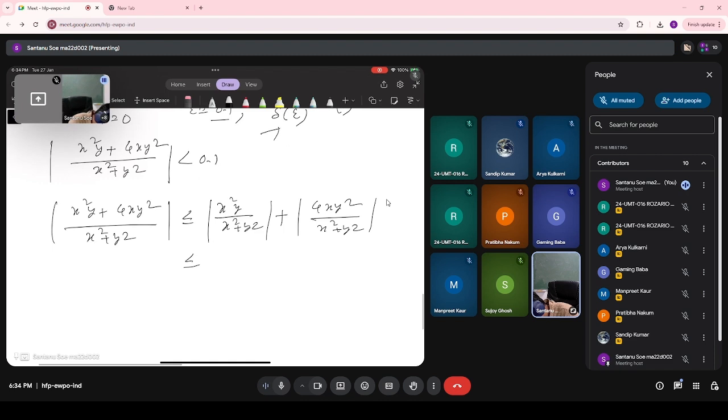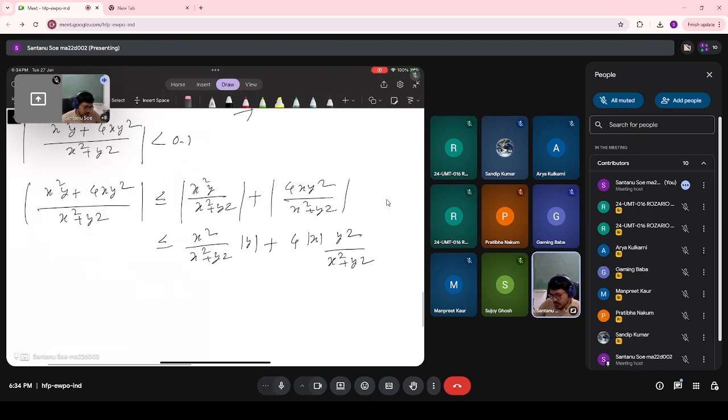So this is x² divided by (x² + y²) times |y| plus 4 times |x| times y² divided by (x² + y²), right?